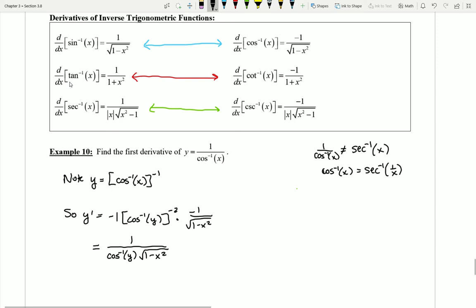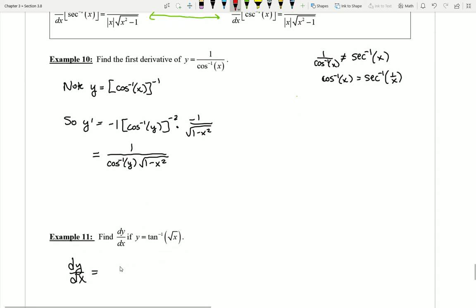So the derivative of the inverse tangent of something, and I'm going to kind of blot out that x for the moment, the inverse tangent of red stuff is always equal to 1 over 1 plus red stuff being squared. So if I have something more complicated than just an x, I'm still going to put it in the same spot that x used to be in this derivative, and then I'll use the chain rule to take the derivative of that red stuff after.